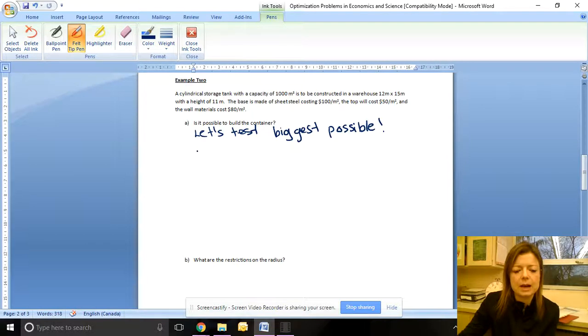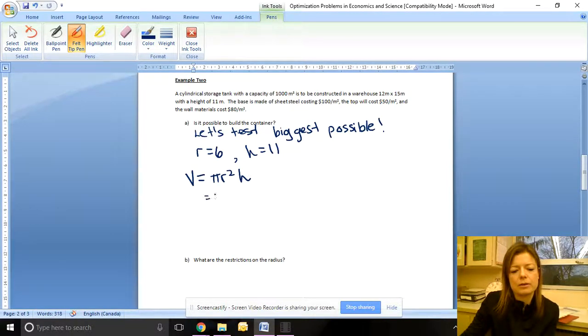So the biggest would be a radius of 6, since our base is 12 by 15. The largest radius possible is 6, and then the height of the cylinder would be 11. Okay, and so the volume, remember, of any prism is the area of its base times its height.